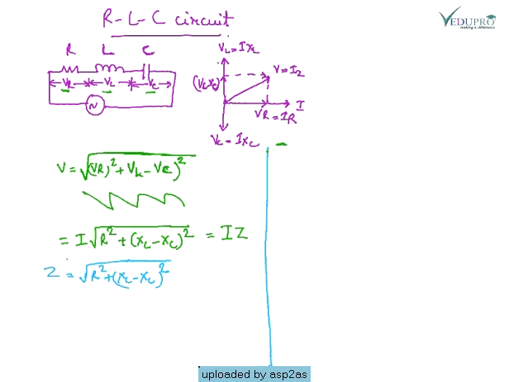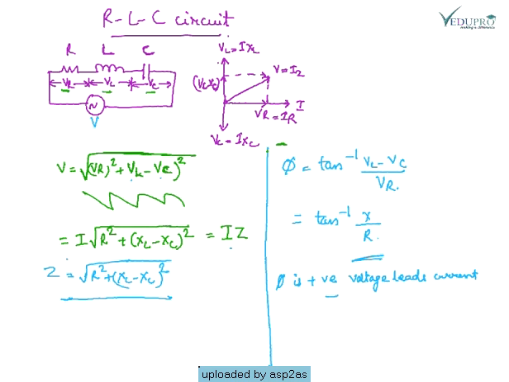This is the voltage V of the circuit, the square root of VR square plus (VL minus VC) whole square. Simplifying it, we get I into Z, where Z is the square root of R square plus (XL minus XC) whole square. So phi comes out to be tan inverse of X upon R.